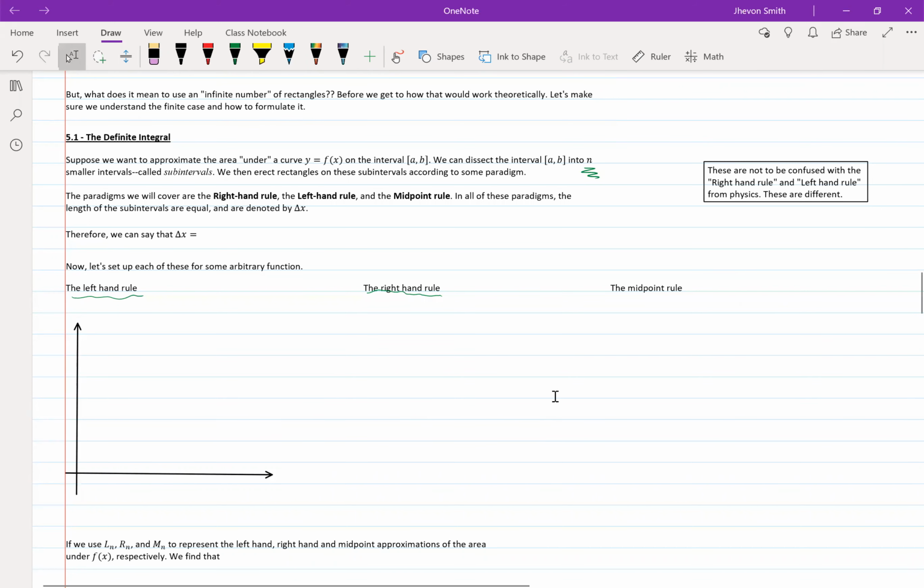Let's make the shape a little bit simpler so you can see something, okay? So let's say it's going up like that. So it's just a curve like that, okay?